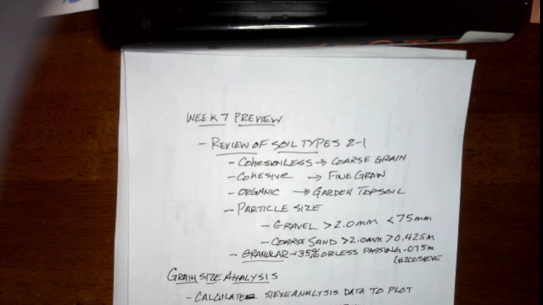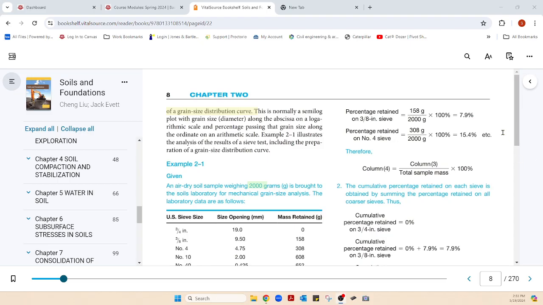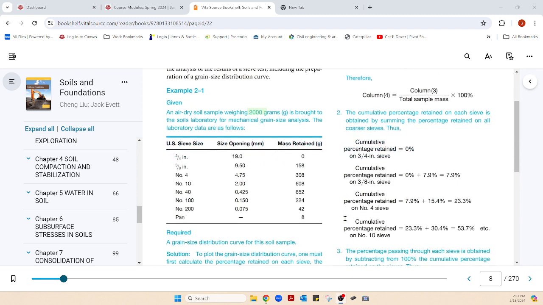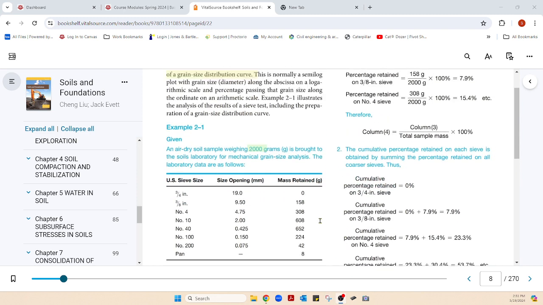I think I can do that by clicking around a little bit here, a little bit there, and there we are in the book. So what you're looking at now is your textbook. I hope you have been reading your textbook.